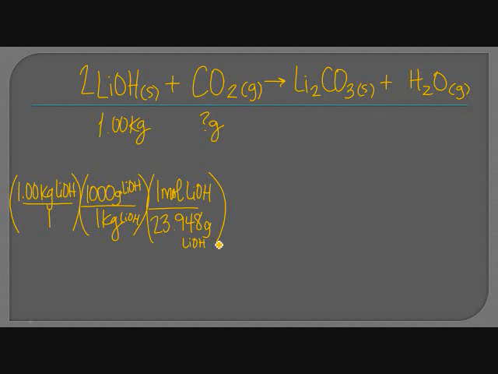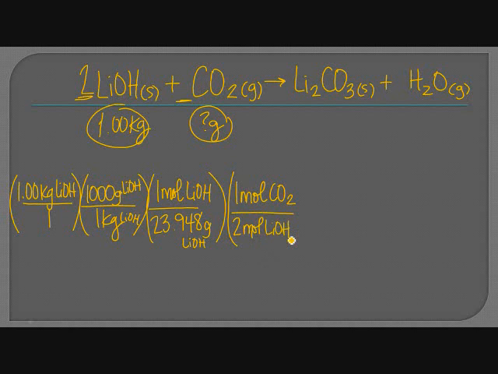This is where that mole ratio comes in, okay? So it's moles 1 over moles 2. Using the coefficients in front, we want the CO2, we have the LiOH, so it's going to be 1 mole of CO2, because there's a coefficient of 1 in front of there, over 2 moles of LiOH.